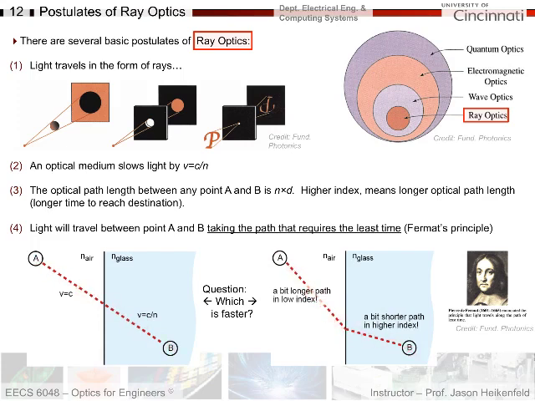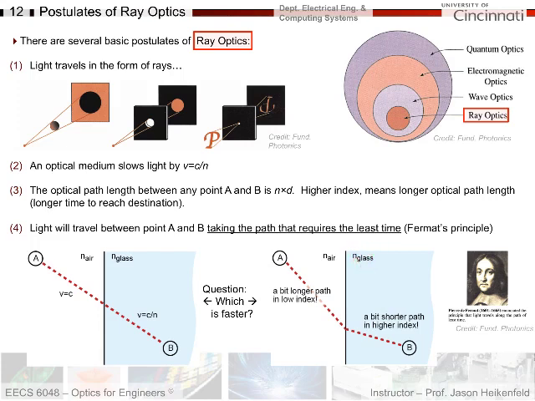It turns out that even though this dotted line is longer than the straight path, this one here is faster because it increases the path length here in the low refractive index medium, air, refractive index of 1, where the light is faster, and therefore it's able to decrease the distance compared to here that it has to spend in the high refractive index material where the light gets slowed down.